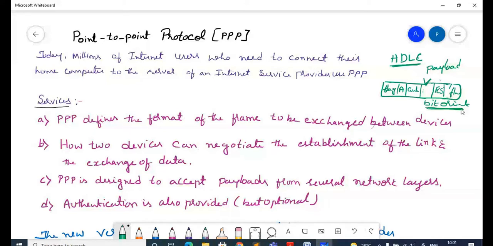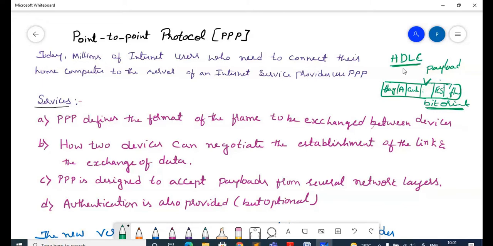Where you stuff an extra bit, the receiver will unstuff, and whatever data remains is delivered to the network layer. That is all about HDLC. I am not going to deal with it in detail, but you should be aware of it. It is an important protocol present at the data link layer to form the frame.